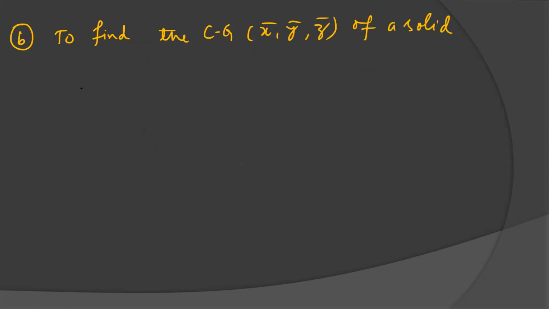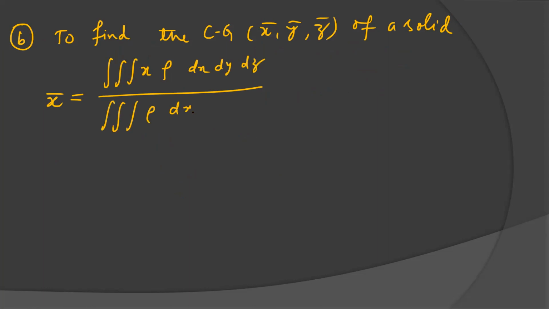If we consider a solid to find the CG x bar, y bar, z bar of a solid, then x bar will be equal to x into rho dx dy dz upon total mass, that is the integral of rho dx dy dz.